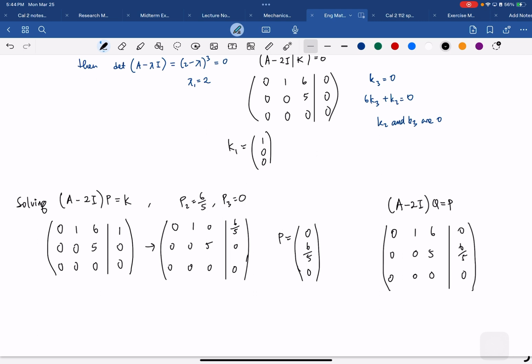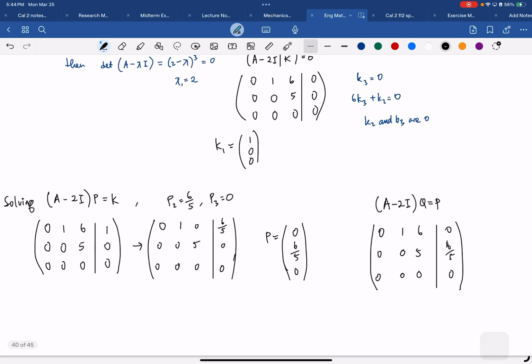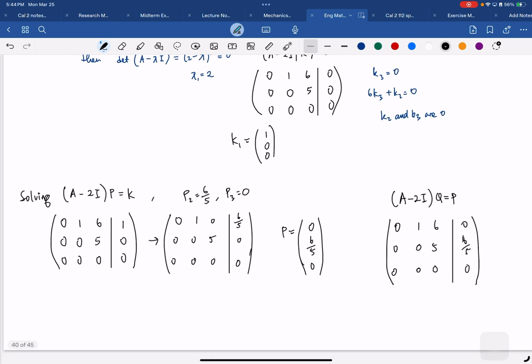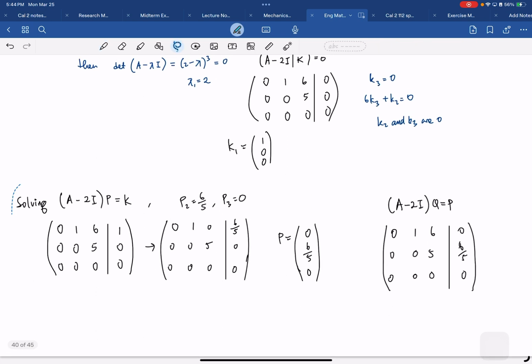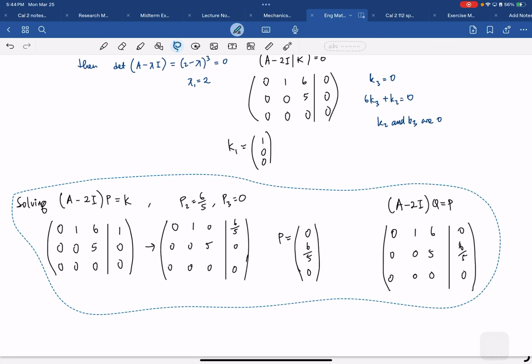Now I think we can multiply with the 5 over 6. Let me resize all of this.